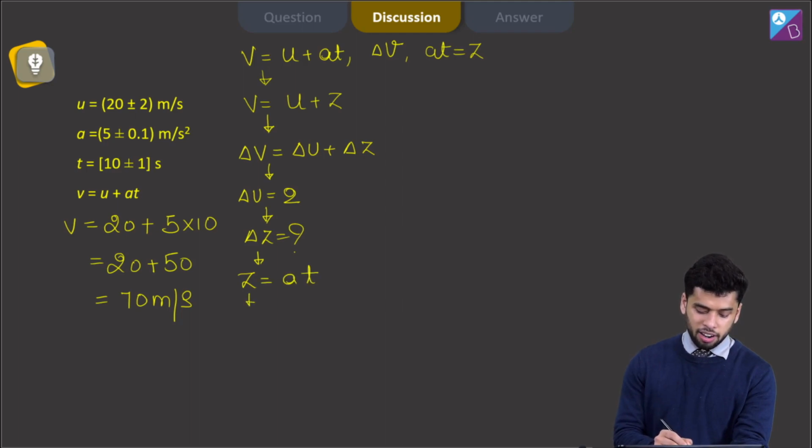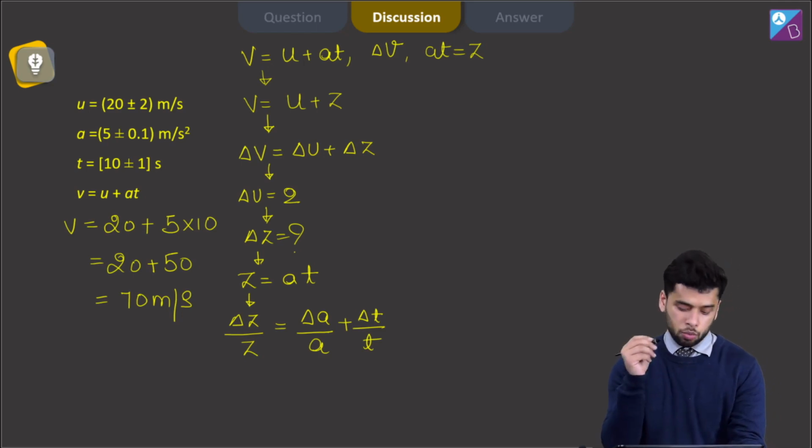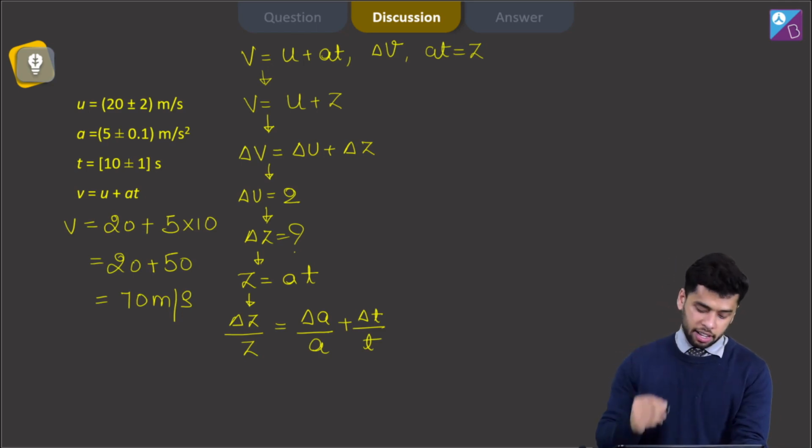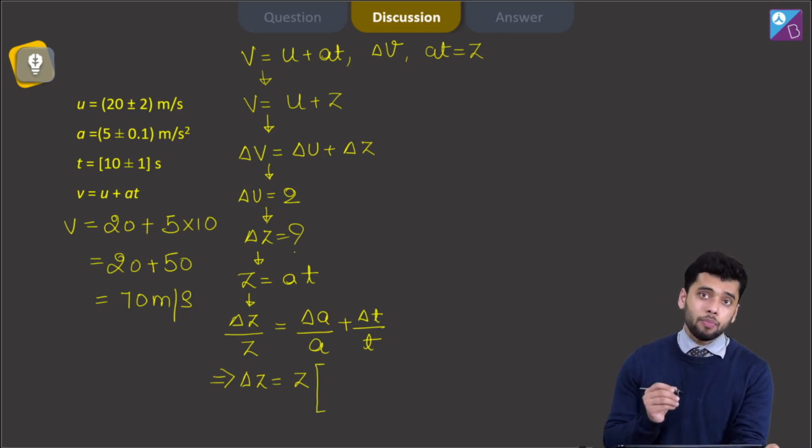So the relative error in z, that is delta z upon z, is equal to delta a upon a plus delta t upon t. Now from this expression, delta z can be written as z times delta a upon a plus delta t upon t.